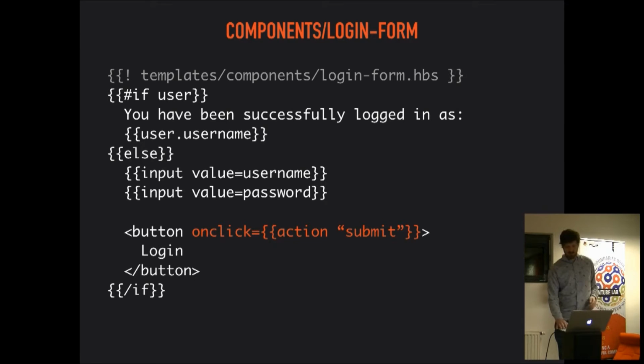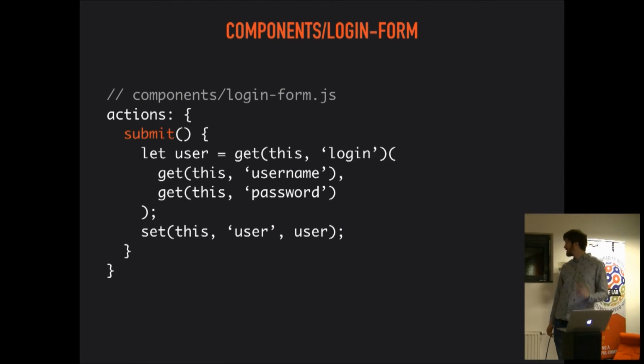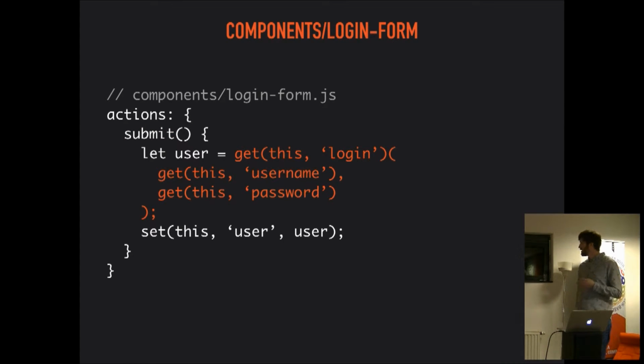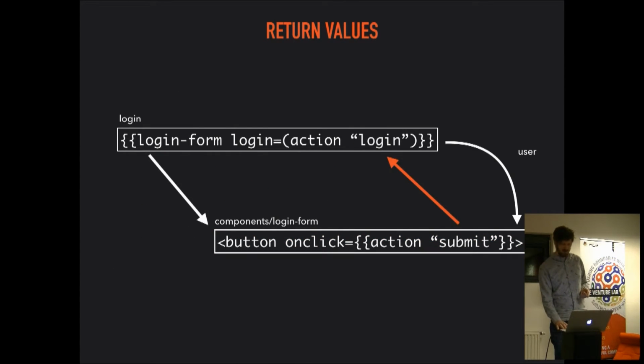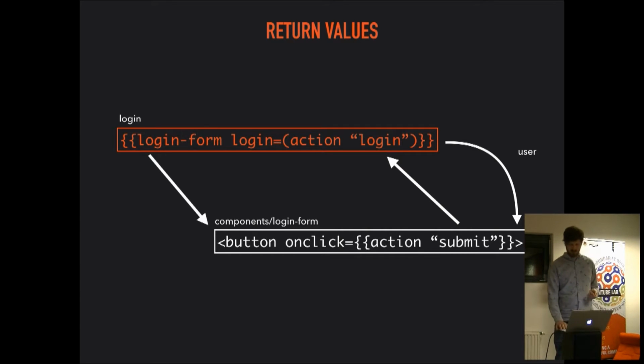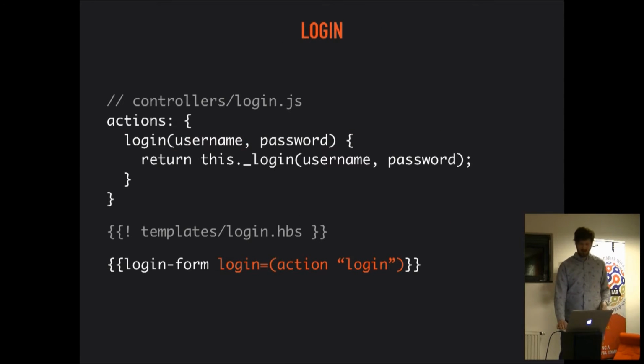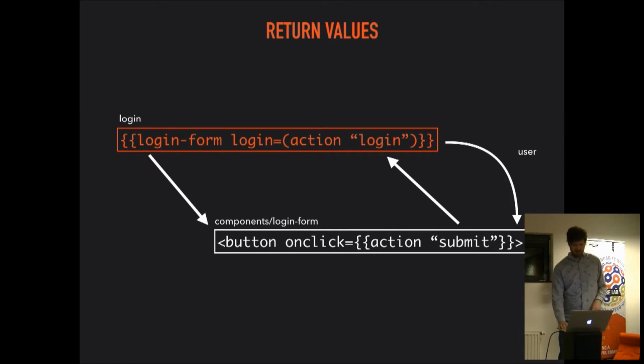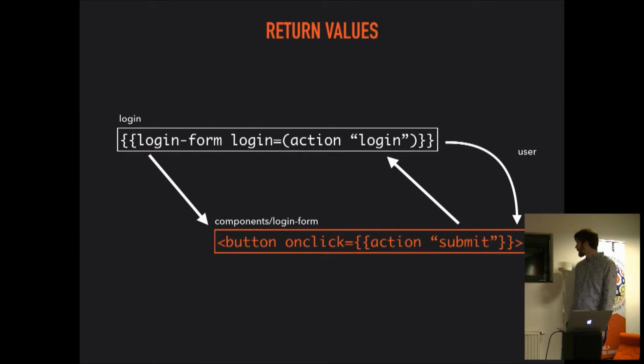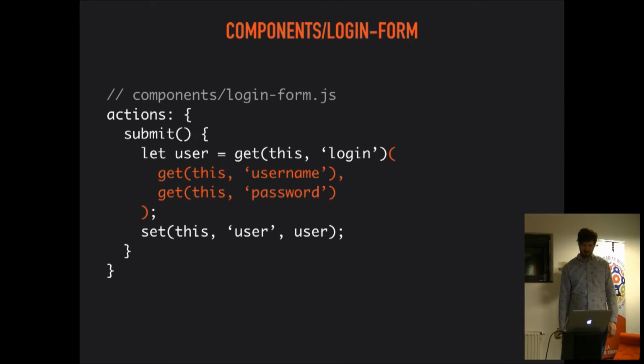So we click on the button, then the submit action in your actions will be called. You call the function login with username and password. Then it will bubble up to your login controller, and your login action will be called. You return the user from the login function, and it will go back to your login form, and you get the return value from the function you called.